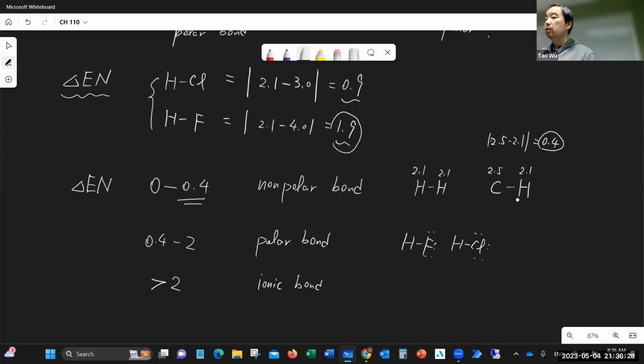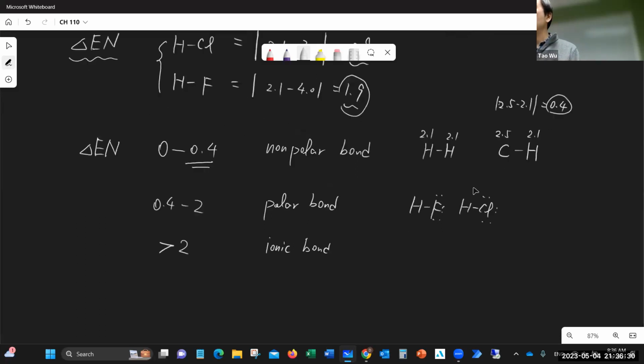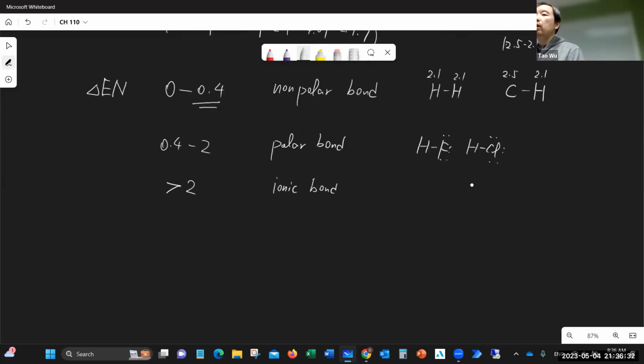You're still thinking about the difference in electronegativity, but we're talking about trends. So please pick out your study guide. Let's look at page 17.